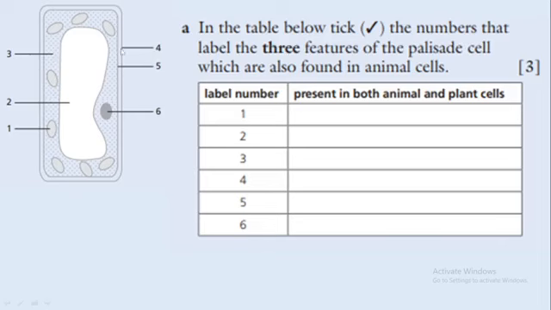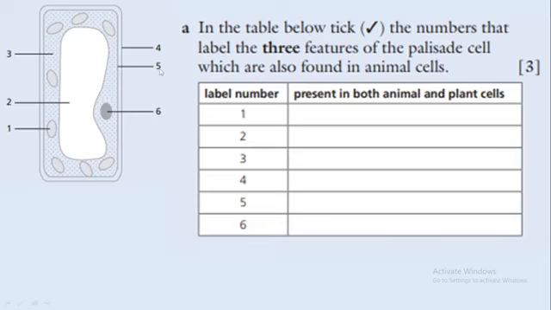Also 4 is only present in the palisade cell because 4 is the cell wall. The cell wall is only present in the plant cell. It is not present in an animal cell. Then 5 is the cell membrane. The cell membrane is present both in the plant cell and the animal cell.